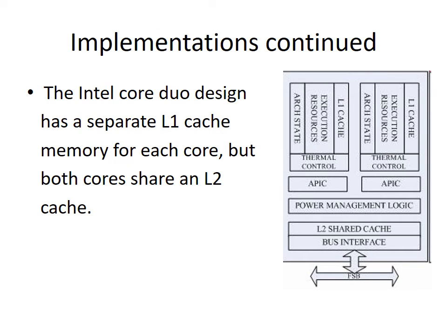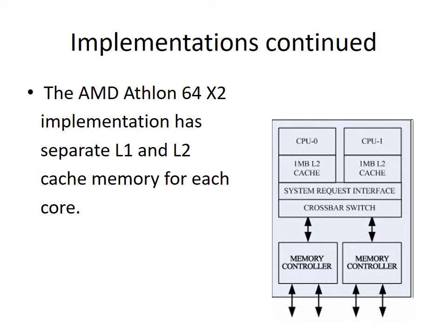The Intel Core Duo design has a separate L1 cache memory for each core, but both cores share an L2 cache. The AMD Athlon 64 X2 implementation has separate L1 and L2 cache memory for each core.